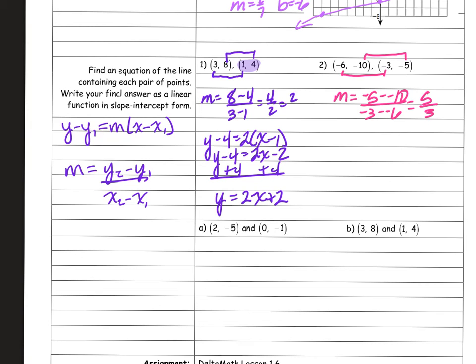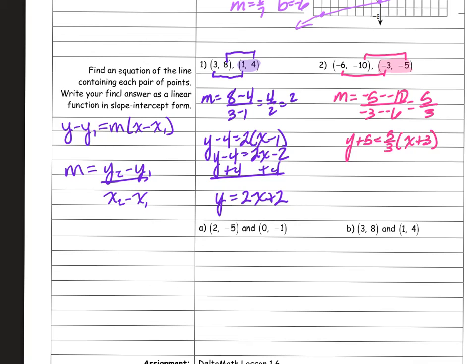And then I'm going to pick a point, any point that I want. I'm just going to pick this one, smaller numbers. That's the only reason. They're both negatives, so I'm just going to pick that one because it's got smaller numbers. Okay, so I've got y plus 5 equals 5/3 times x plus 3.